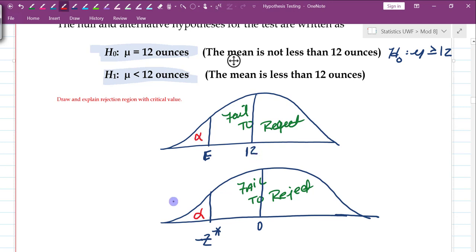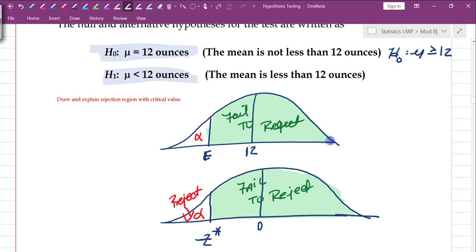And this is where we're going to reject, this area in here. And we're going to find pretty soon a test statistic. And if the test statistic is plotted in the fail to reject area, we fail to reject the null hypothesis, okay? We don't ever say that we accept the null hypothesis. We just say we fail to reject the null hypothesis, okay?